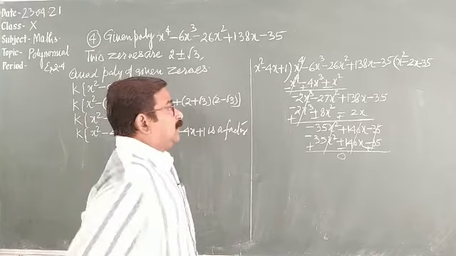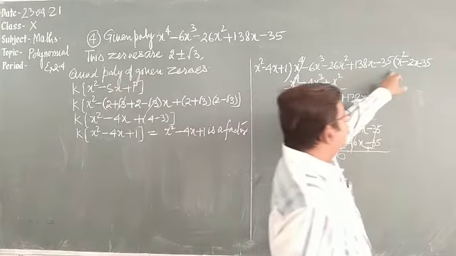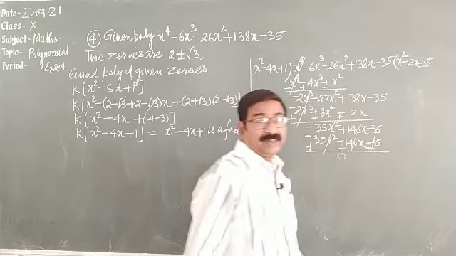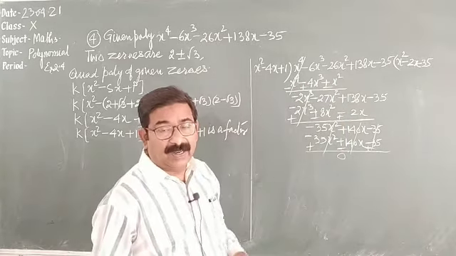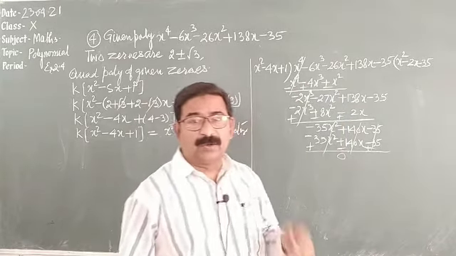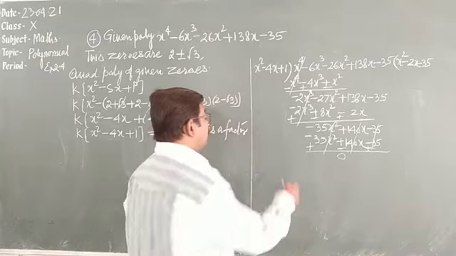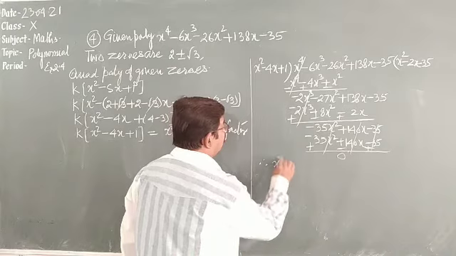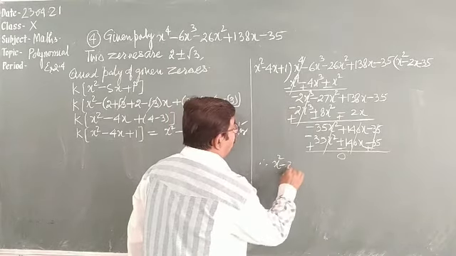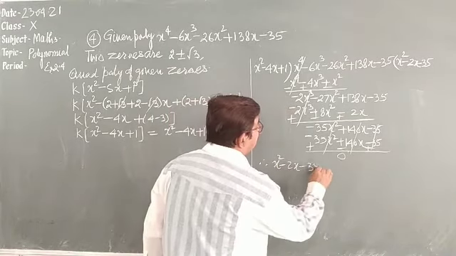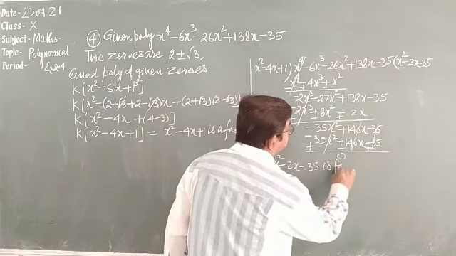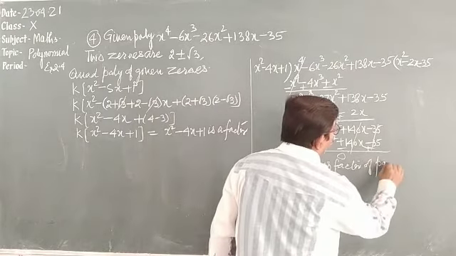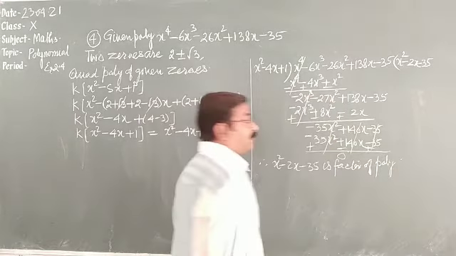Conclusion is x square minus 2x minus 35 is the quotient, and you know quotient is also a factor of the polynomial. So we write, therefore x square minus 2x minus 35 is a factor of the polynomial.